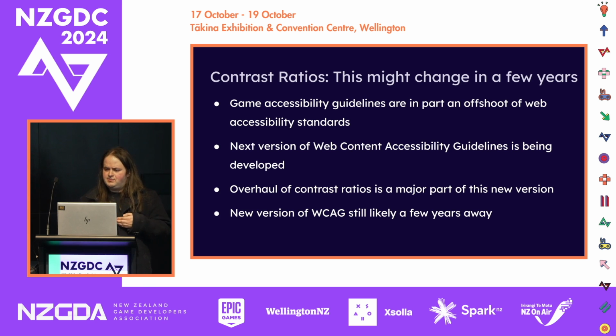One of the main differences between the current version and this next version, version 3, is an overhaul of contrast calculations. WCAG 3's proposed contrast calculation takes into account stuff like whether a colour is in the background or in the text, which does matter, and stuff like the weight of the font, like if it's bold or if it's very thin.